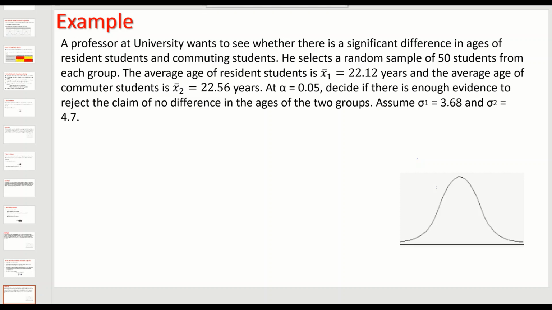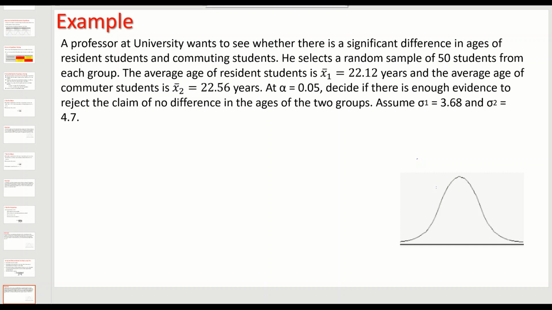So here the claim is there is no difference in the age of the resident students and the commuting students. We have to decide if there is enough evidence to reject the claim of no difference in age of the two groups. They have given the population standard deviation sigma sub 1 for the resident students as 3.68 and sigma sub 2 for the commuting students as 4.7.